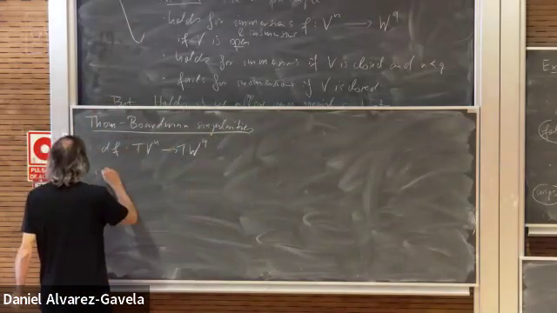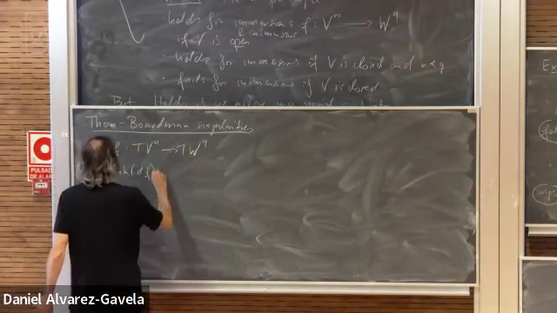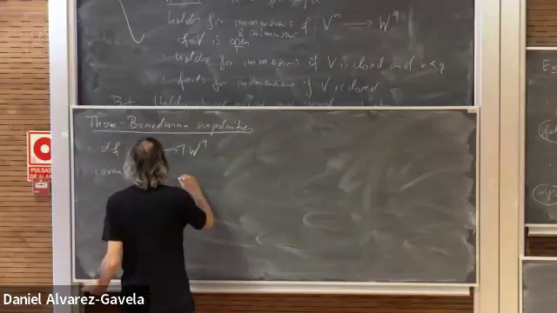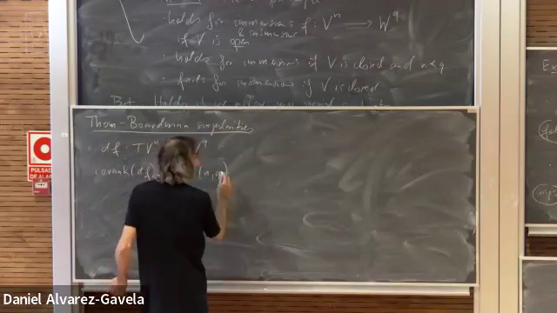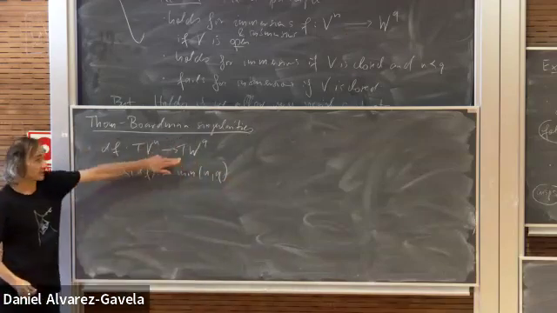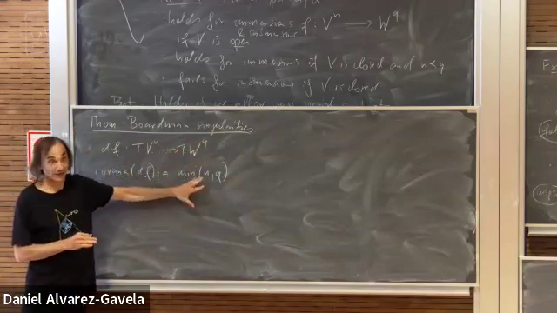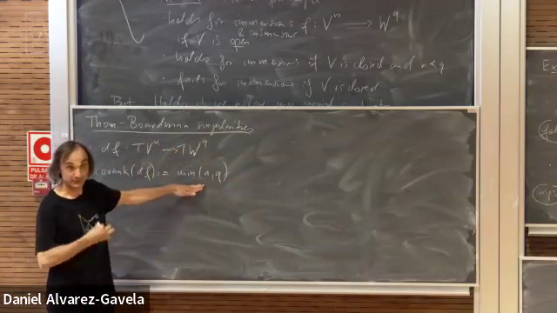So let's define the co-rank of df to be the maximal possible rank, which would be the minimum of n and q. Yeah, so the maximal rank is the minimum between n and q. That's the maximum rank it could have. And then we subtract the actual rank, and that we call the co-rank.